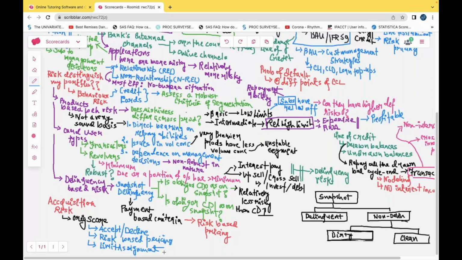So there is an accept decline, pricing and limit assignment. These are the three broad strategies.